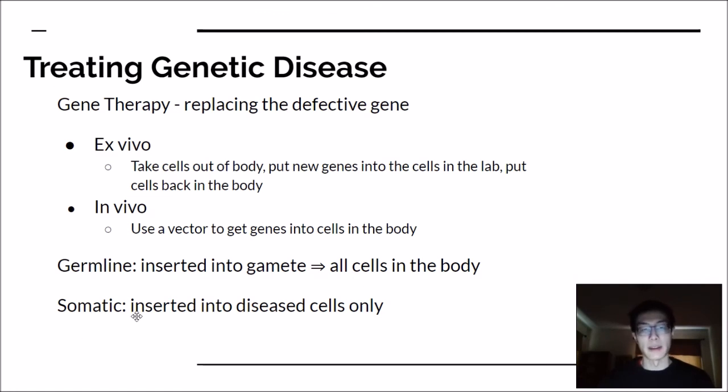The other method is a somatic approach, where you're inserting only into the diseased cells, and that is going to have a more localized effect. But overall, through ex vivo and in vivo methods, whether in germline or somatic cells, gene therapy is a wishful method of medicine that can potentially replace defective genes, so you're going all the way back to the genotype and replacing the defective gene.